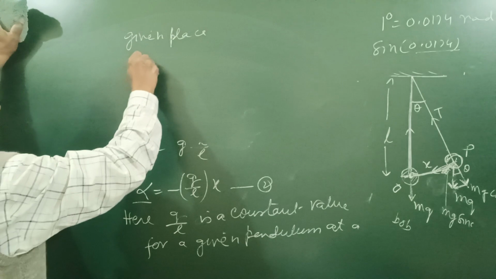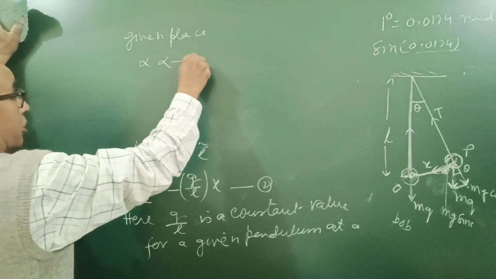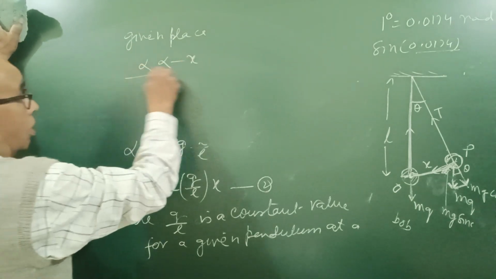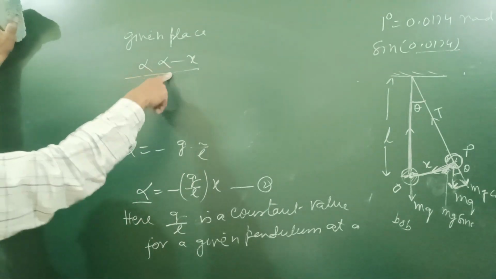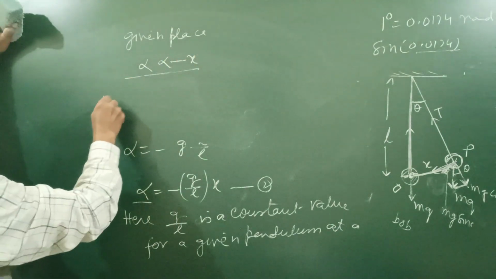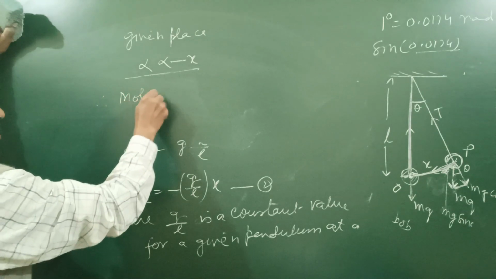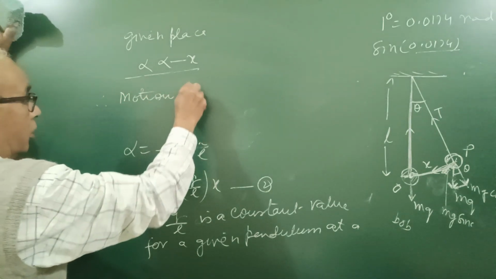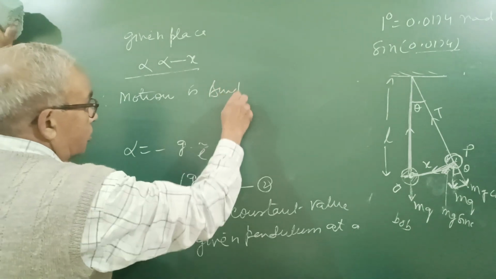So alpha is proportional to minus x. Acceleration is proportional to displacement, the minus sign indicates opposite direction, and hence the motion is simple harmonic.